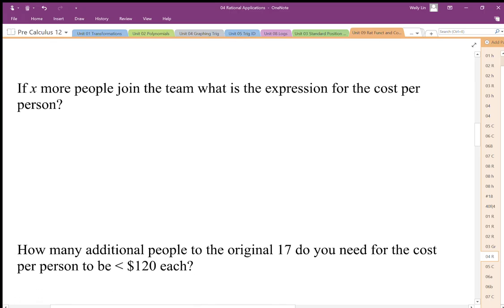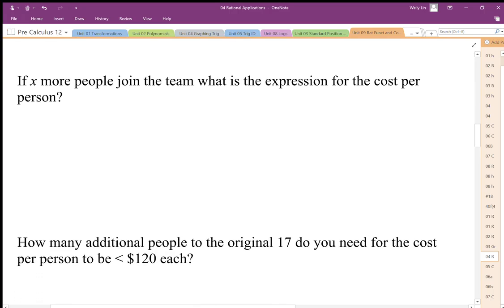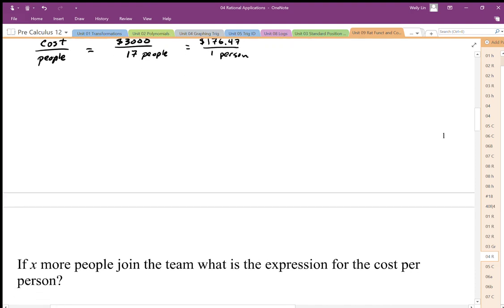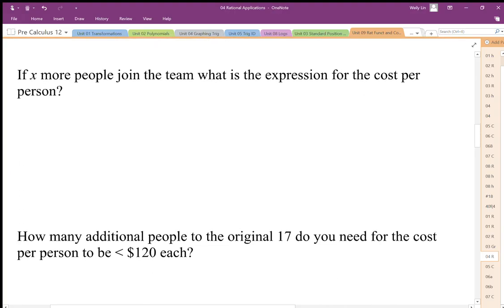So if x more people join the team, what's the expression for the cost per person? Well, our cost per person is not going to be $176.47. In fact, we can't calculate the actual value for the cost for each person, because we don't know the number of people. So we need to write this as a rational expression.